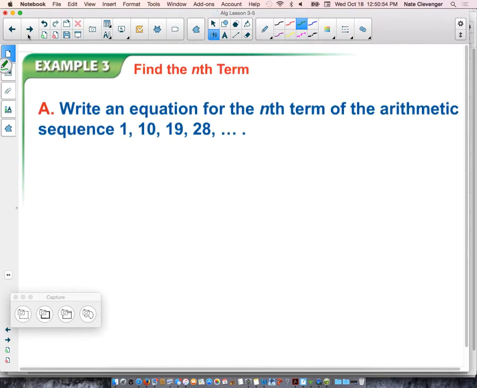15. Okay. In Notability or on scratch paper, what is the equation for the arithmetic sequence of this? Write it down.